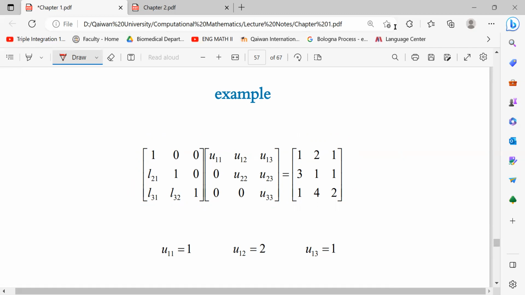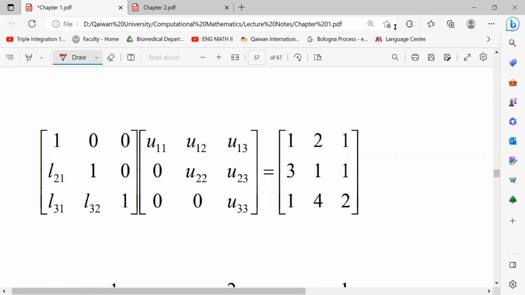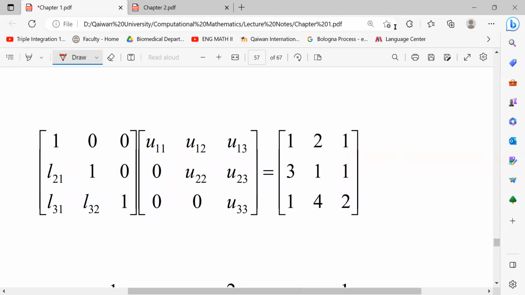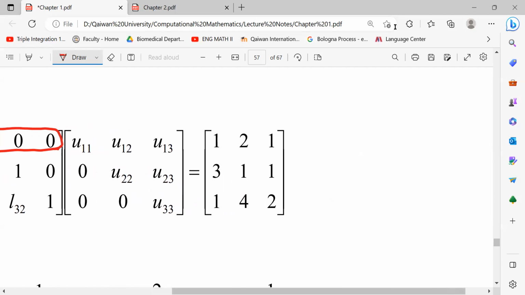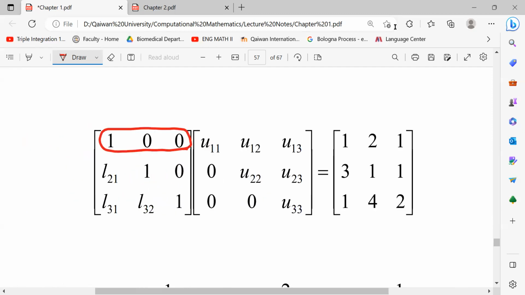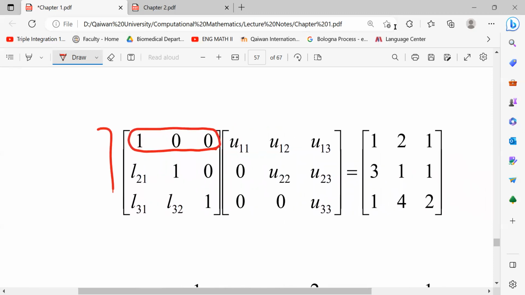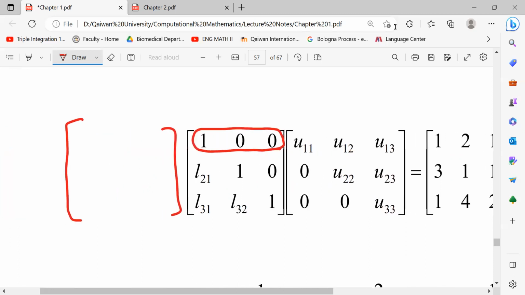Now let's find the multiplication of these two matrices. By multiplying this row by all columns here, what do we get? Let me write down the multiplication here. Multiplying this row by the first column, 1, 0, 0: 1 times U11, 0 times 0, 0 times 0.